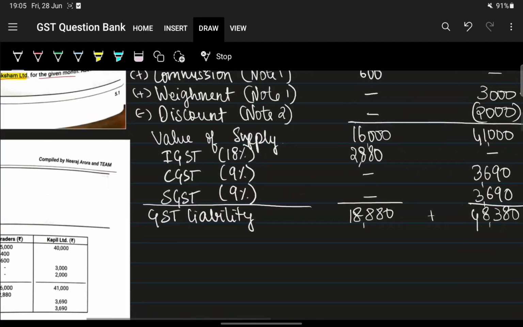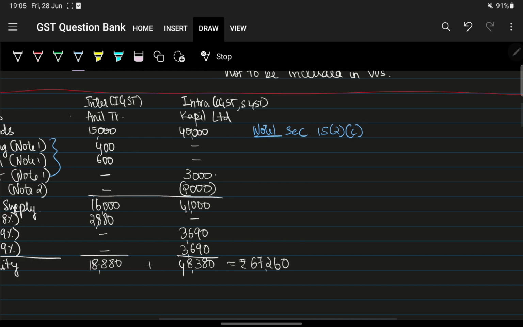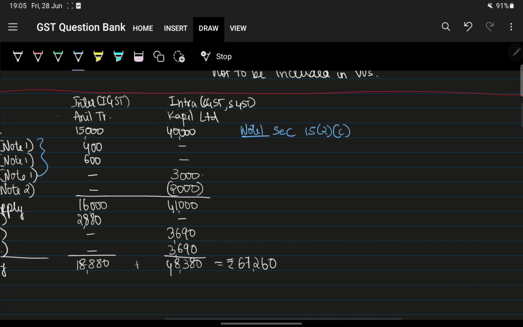Yes. Here we'll start writing the notes, color coded. For these three it will be note 1, section 15, subsection 2, clause C. What do you see? Incidental expenses.